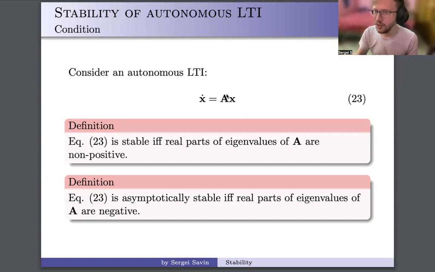It implies that the only node that exists is the origin. This does not limit our ability to control other parts of the state space, but it makes it unnecessary for us to discuss which x0 we mean. If it's asymptotically stable, the x0 that we mean is x0 equal to 0.